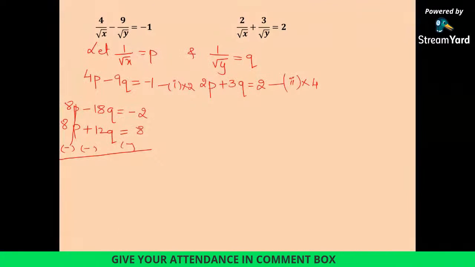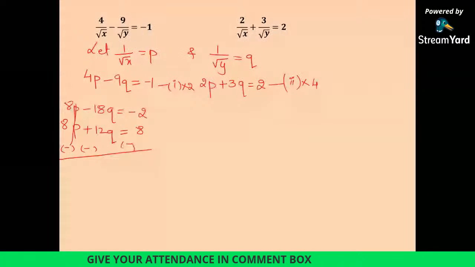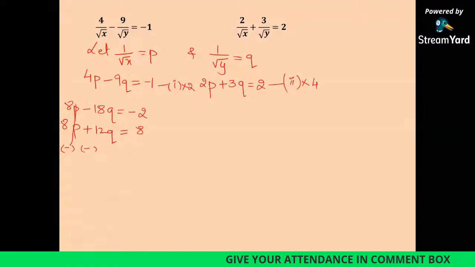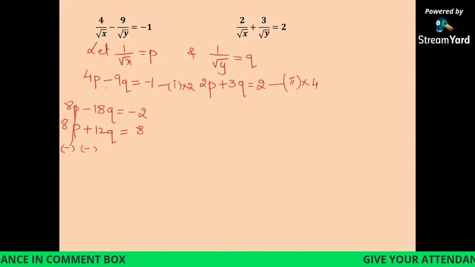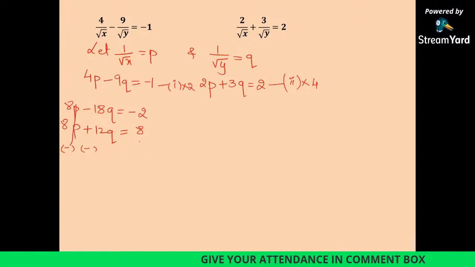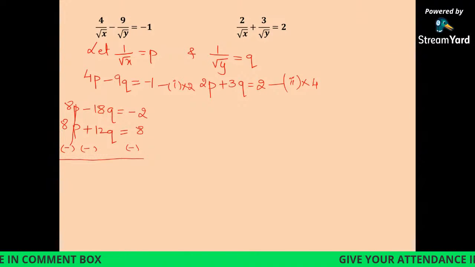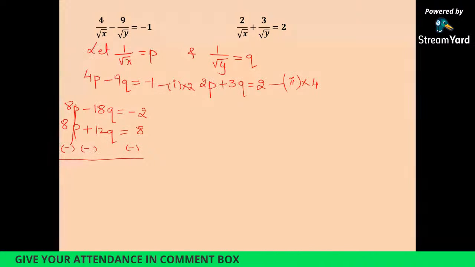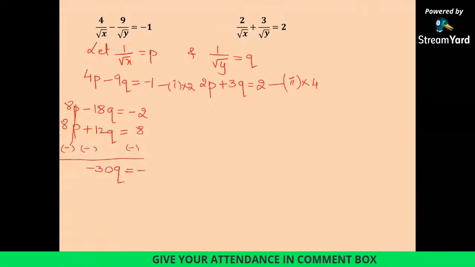You remain with minus 18q minus 12q. If you add same signs, you add them together and you will get minus 30q is equal to minus 10.